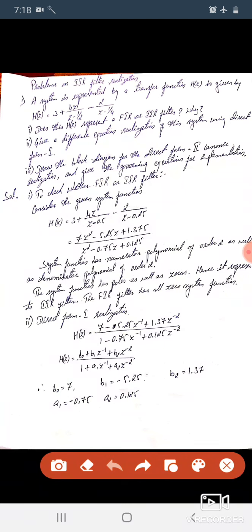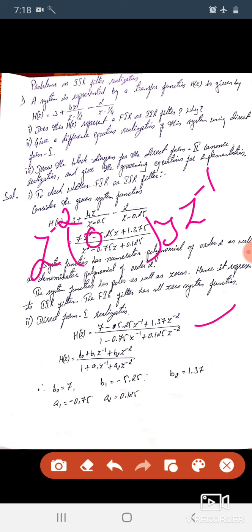Next, we have to do the realization of direct form 1. To do that, first represent the equation in terms of z inverse. What you have to do is multiply z raised to minus 2 in the denominator and also for the whole numerator.